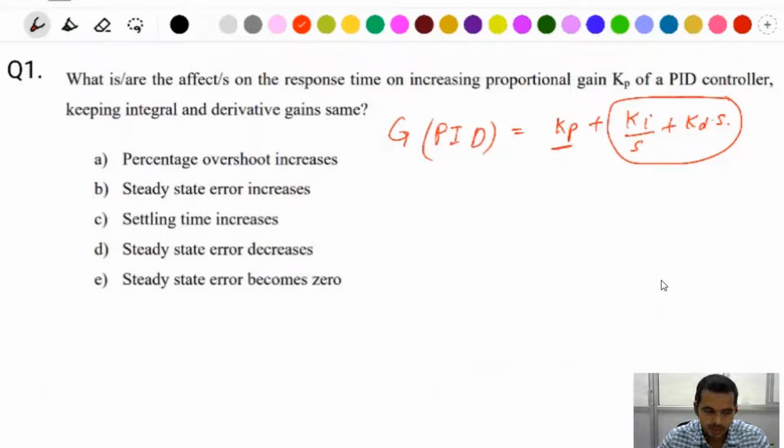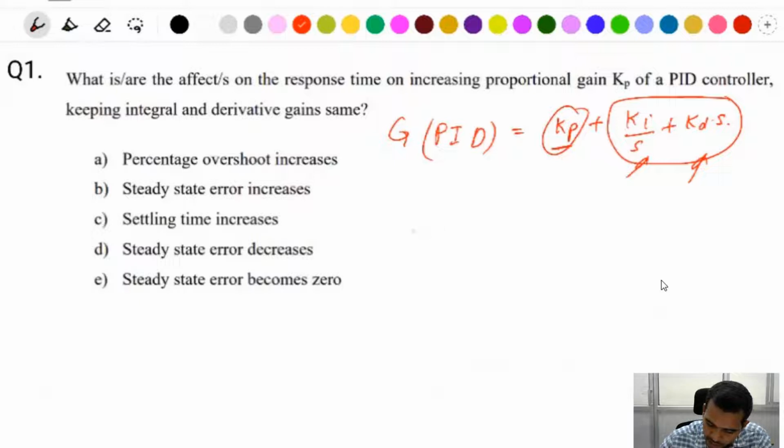If you observe that, I will show you by MATLAB. Observe that Ki and Kd are constant, meaning they are inbuilt in the plant system. Only Kp I will take and draw a system like that.